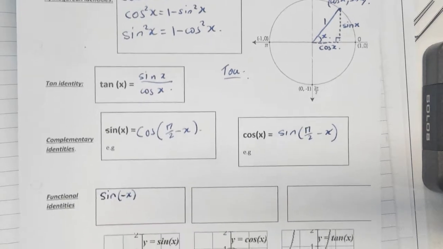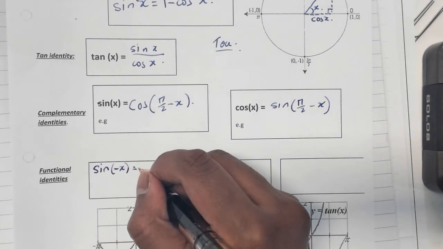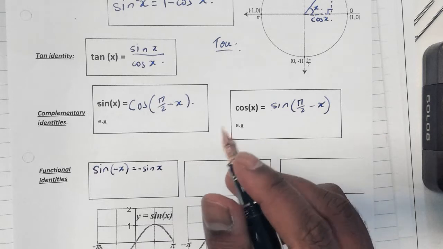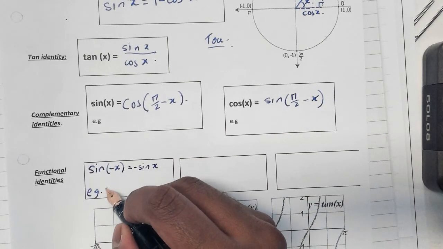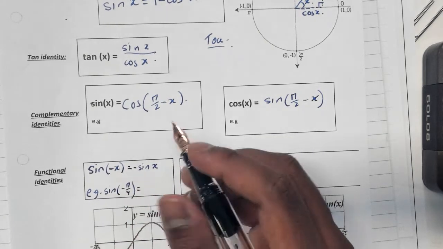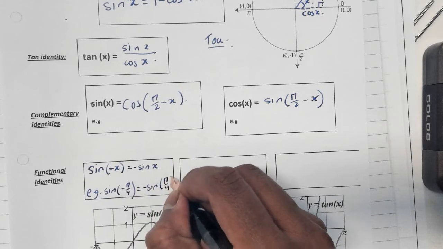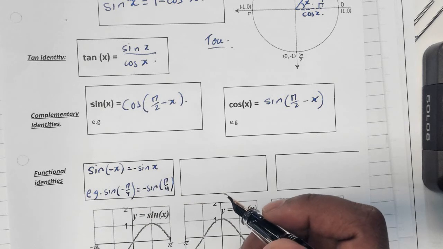Sine of negative x is the same as negative sine x. You can get sine of negative pi on 4 equals negative sine pi on 4, just like that, nice and easy.